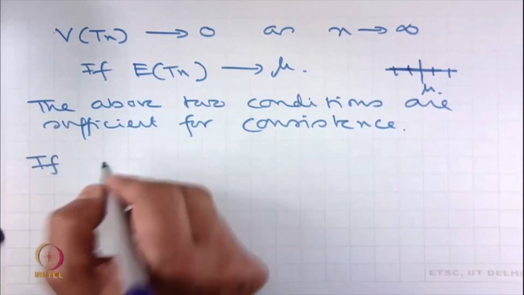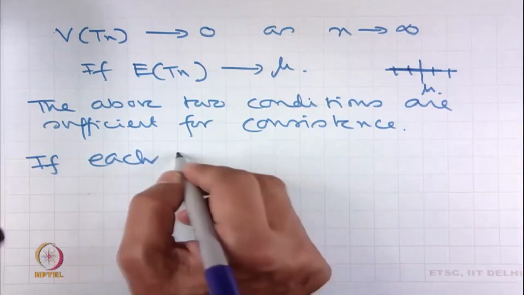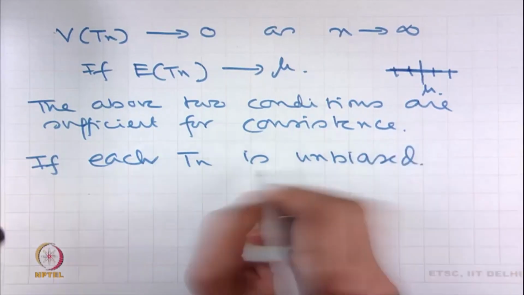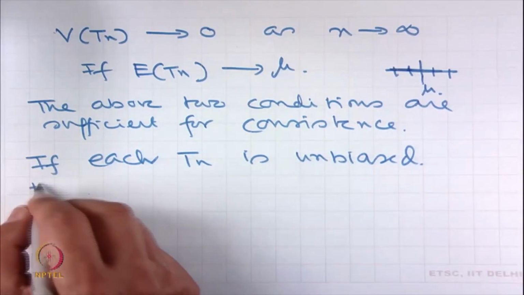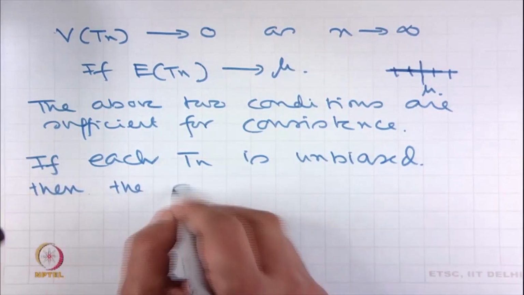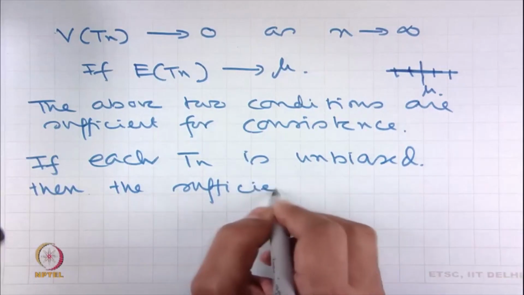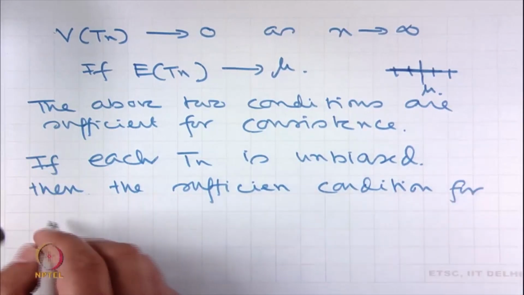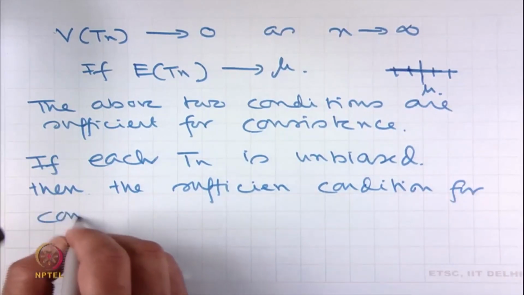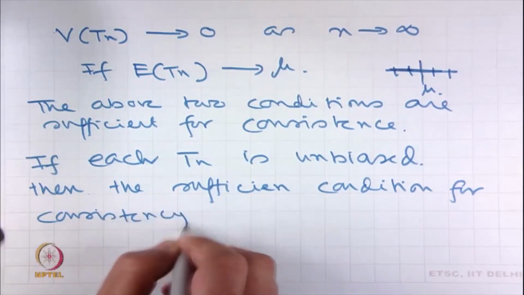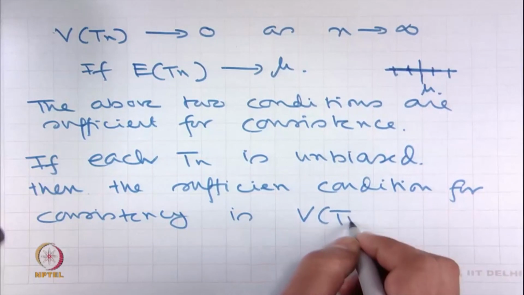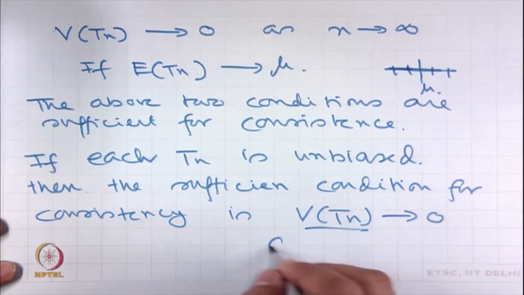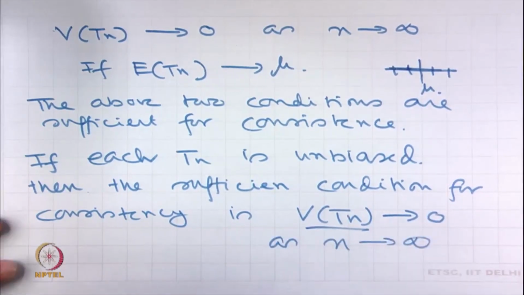If each Tn is unbiased, then we are even better off. So, we need to check if variance of Tn is going to 0 as n is going to infinity.